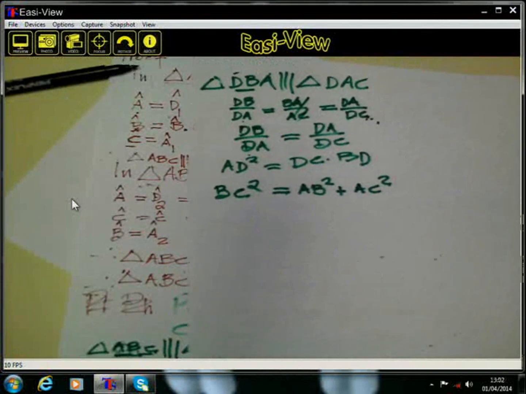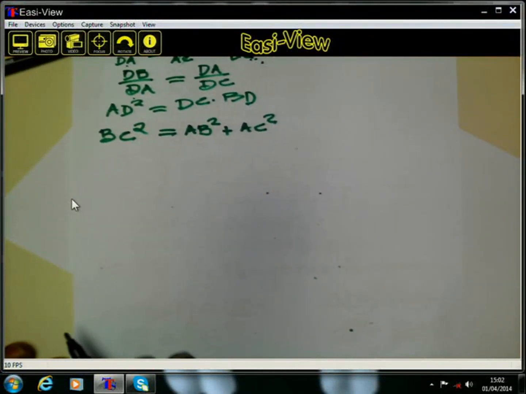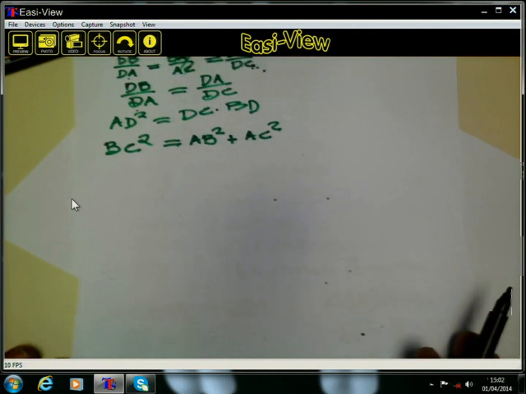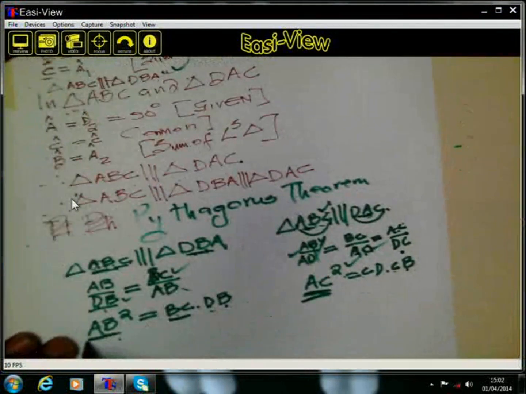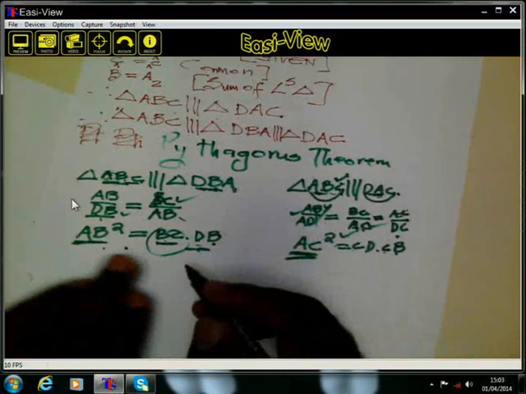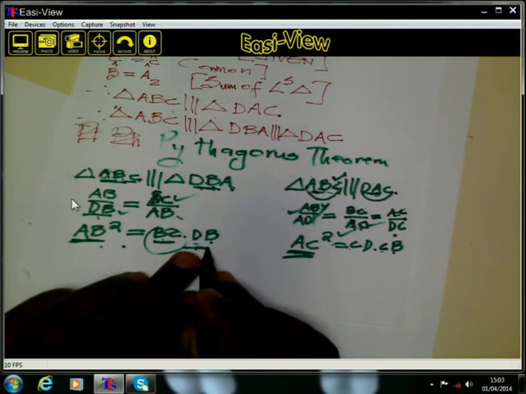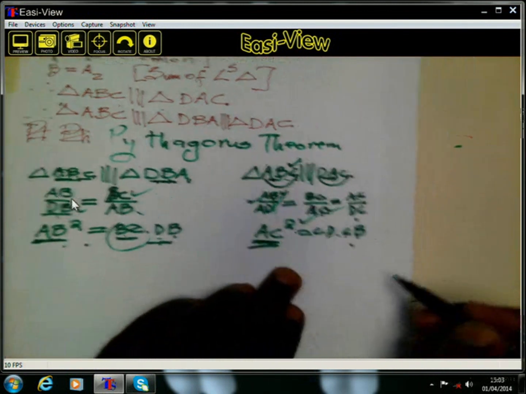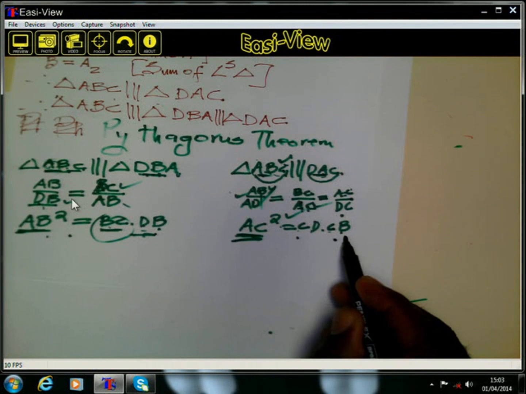But now, for us to be able to do that, we have proved the following. We have proved that AB squared is equals to BC multiplied by DB. That is what we have proved. AB squared being equals to BC multiplied by DB, and AC squared being equals to CD multiplied by CB.